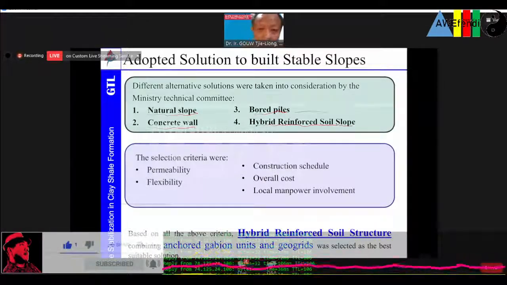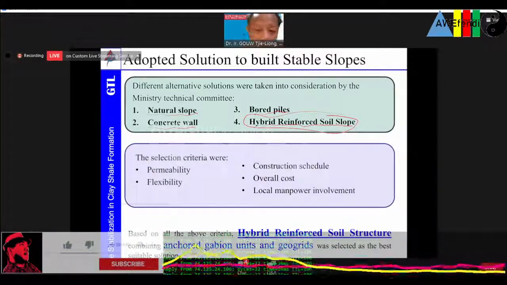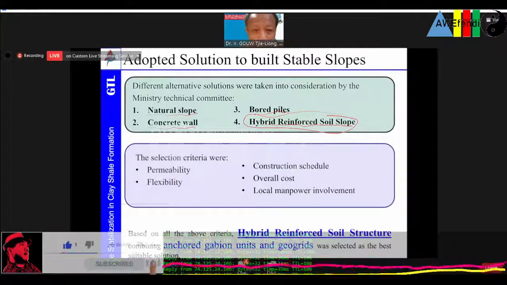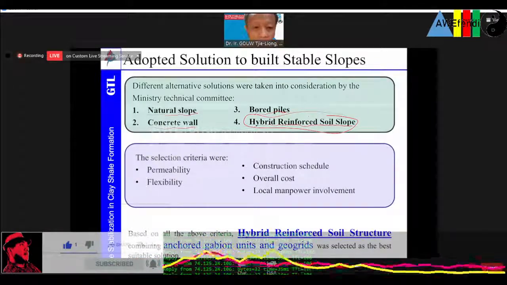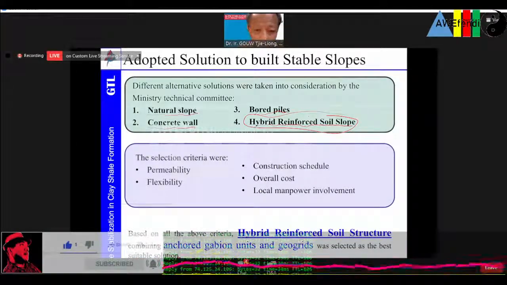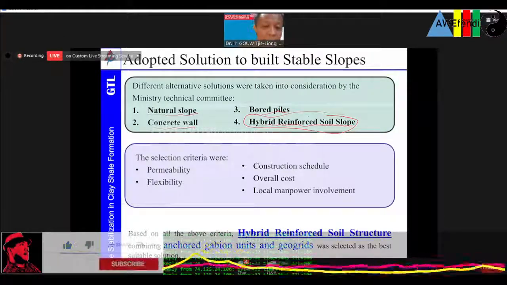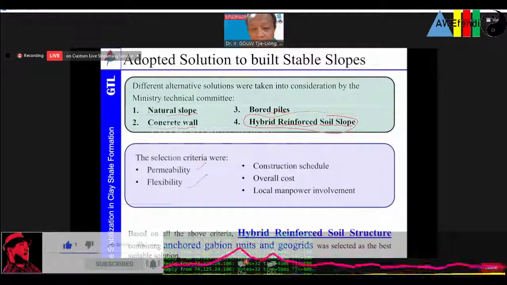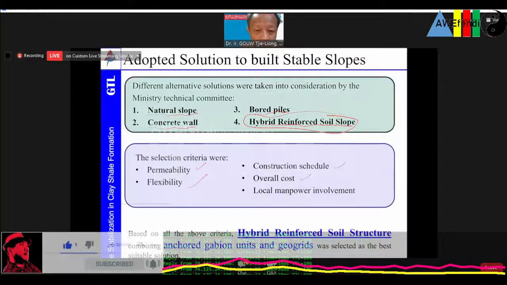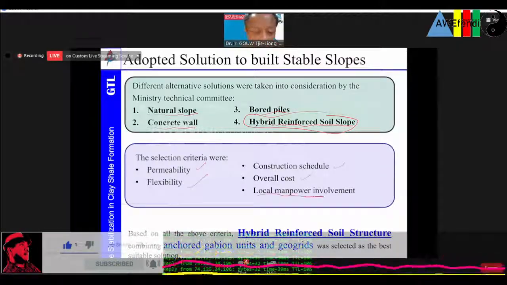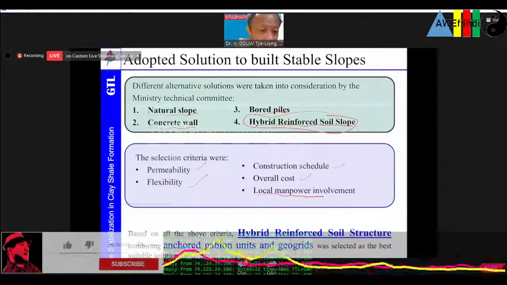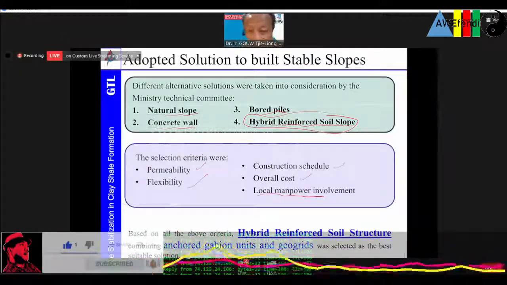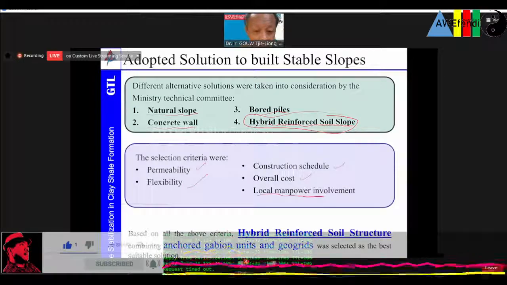This is mechanically stabilized earth, which we normally also call a geosynthetic reinforced wall. The selection criteria agreed were based on permeability, flexibility, construction schedule, overall cost, and of course local manpower involvement. As much as possible, we have to employ the local manpower over there.